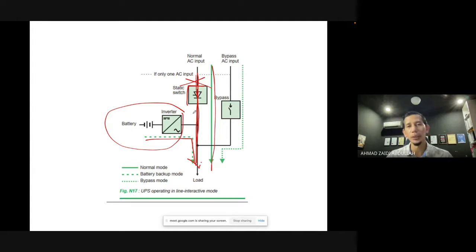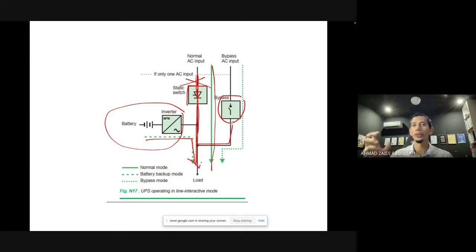So that's why, let's say we want to remove this inverter for maintenance and so on, this mode has a bypass system. So this is all in one box.